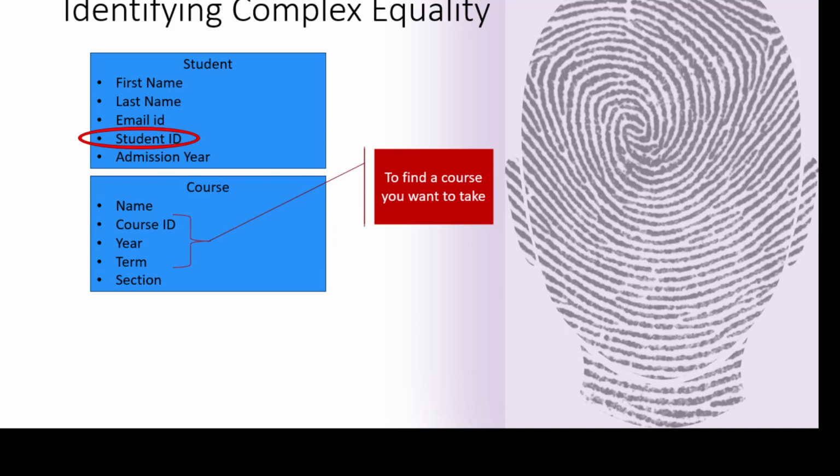But if I'm looking for a course I want to take, I might be looking for that ID. I also need to talk about the term and the year it's going on. So I want to take IT 101 in 2020 in the spring or the fall or the winter, as opposed to the class that happened last year in 2019 or next year in 2021, or if this video is out there for many years, then I've dated myself on what year I've talked about.